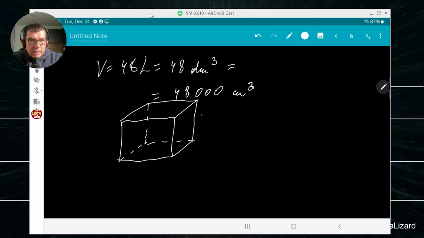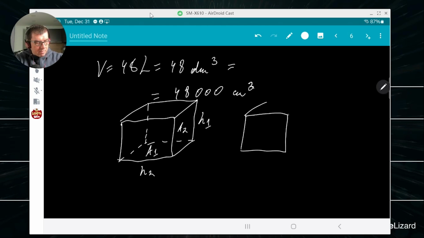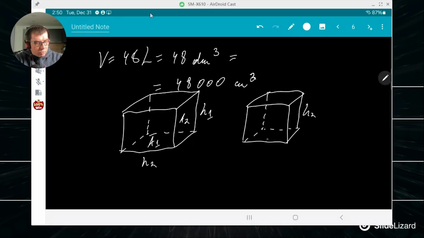So this is, let's call it H1, the height in the first case, and this is A1, the area of the base. Now if I flip it around and turn it on the, let's say, right face, this is going to be A2 and this is going to be H2. If I rotate it like that, it's the same sketch. So in this case, this is H2 and this is A2.